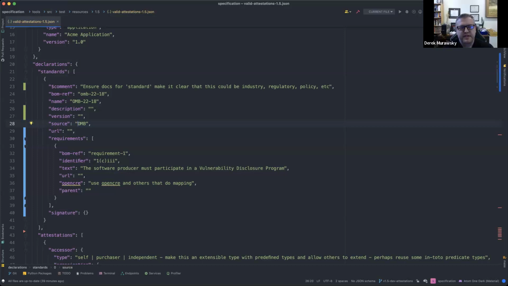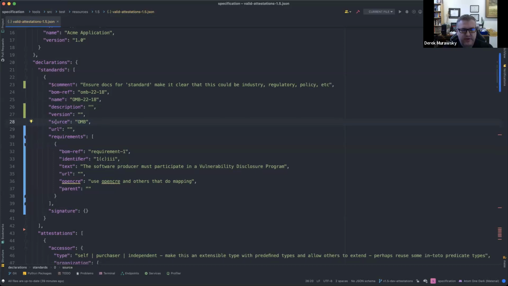So source is generically named, I think. What are we trying to get at with it? Who's the author? So should we say author or originator or something instead of source? Because when I first looked through this, I wondered what the difference is between source and URL, right? Right, okay.